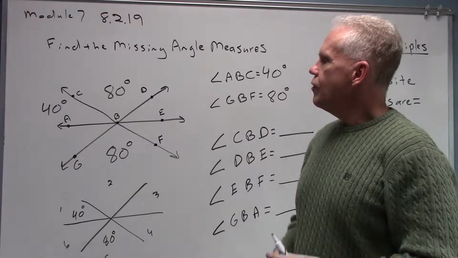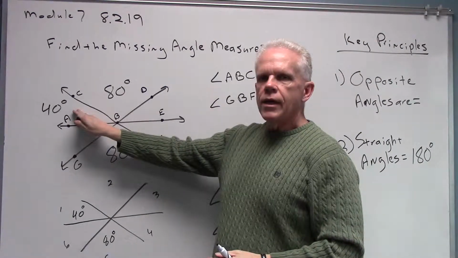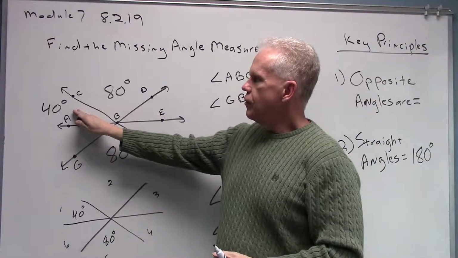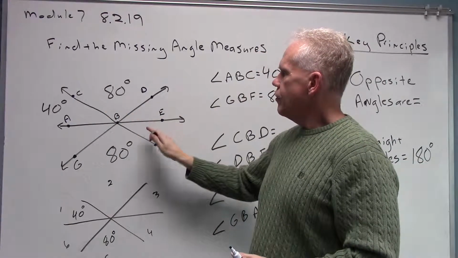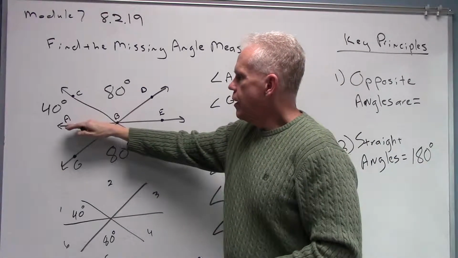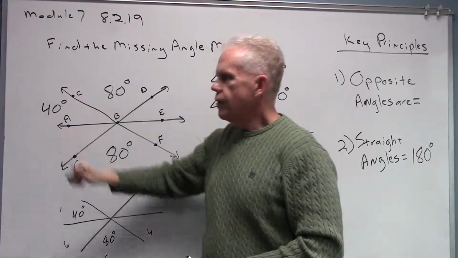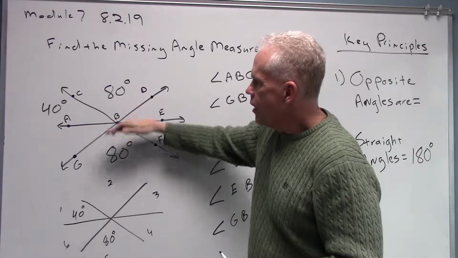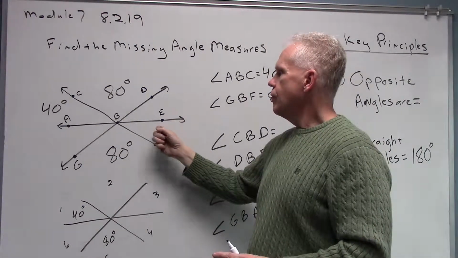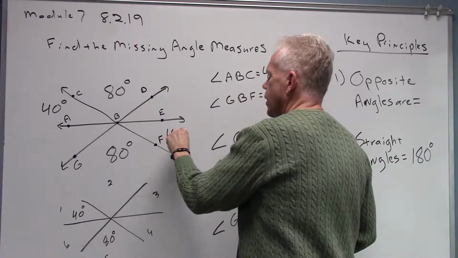Also, we have this 40, and I wonder what its opposite angle is. It's either going to be this or this. Let's think about it for a second. This 40-degree angle is an upper angle, upper on the left, so its opposite would be a lower on the right. Here's the opposite angle, so 40 here.